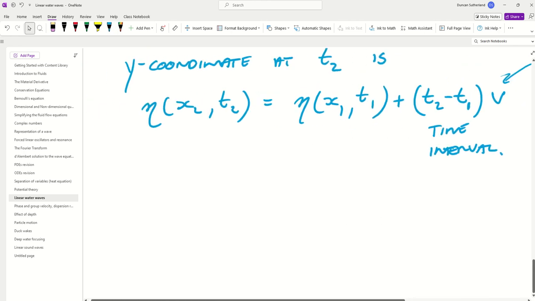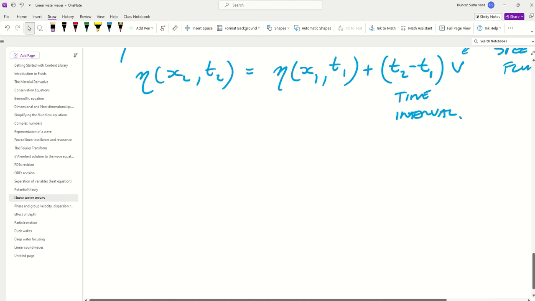Okay. Now we just beat this until we get some derivatives. Oh, actually, I tell a lie. We work out the x coordinates. So x2 is equal to x1 plus t2 minus t1 times u.